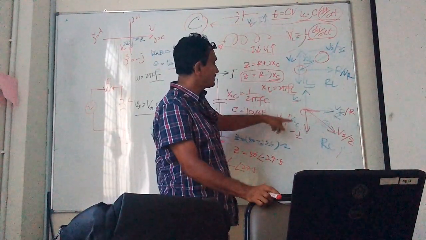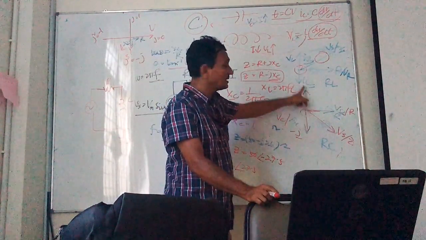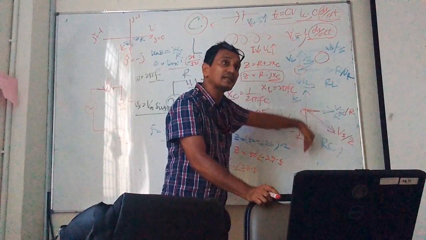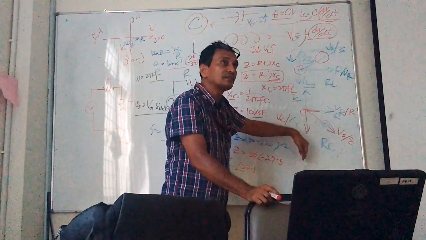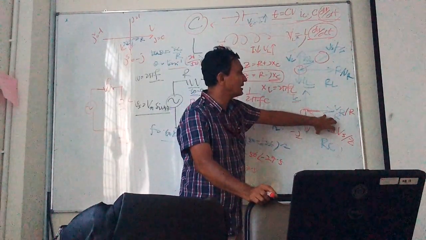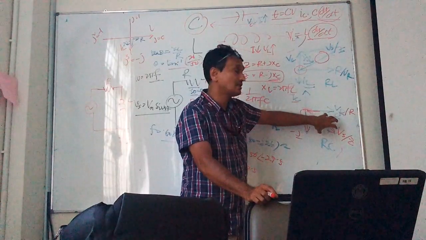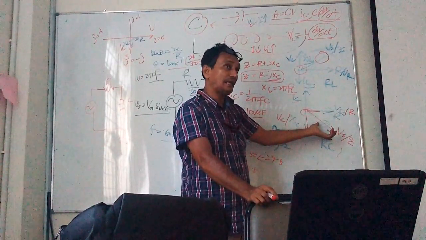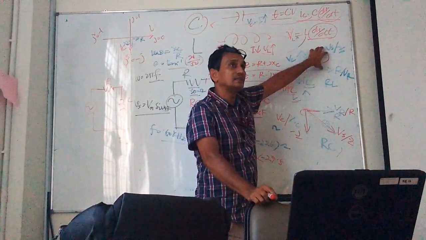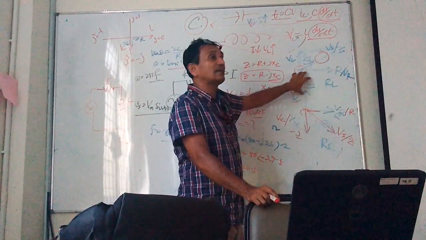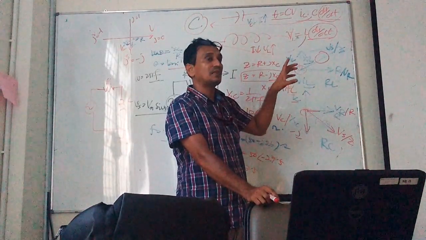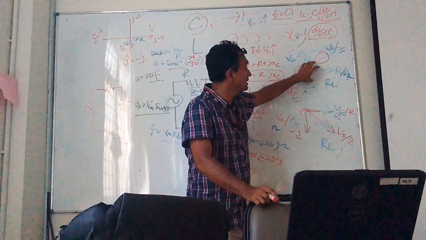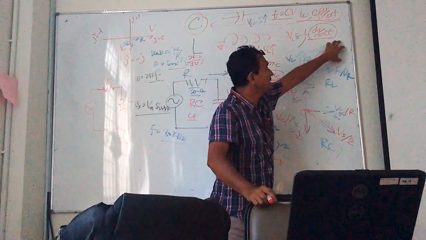In that sense, if current is leading, then in the capacitor the reactance, or the voltage, should be lagging. So the reactance coordinate should be the fourth coordinate, where Z will cover. So Z is lagging here, while in the inductive circuit Z is leading. If Z is leading, then the current should be lagging, because I am talking about the resultant current, not the inductive current.